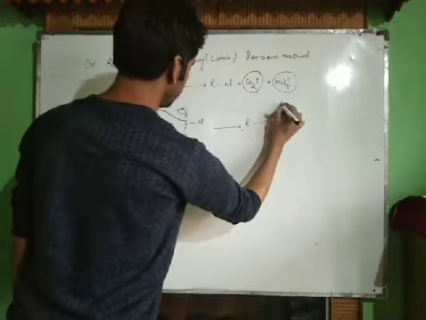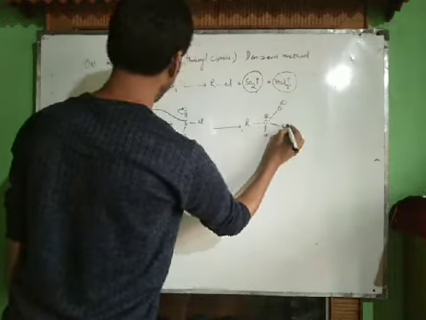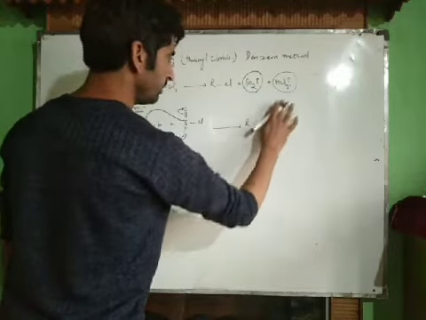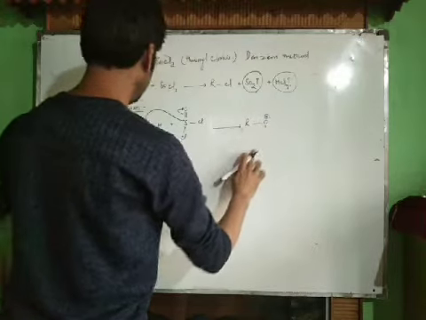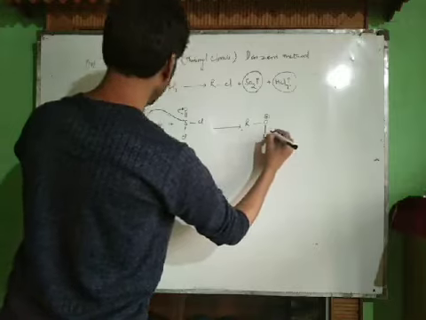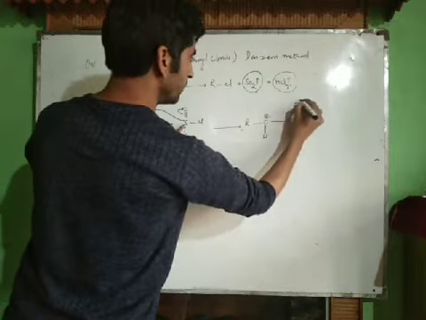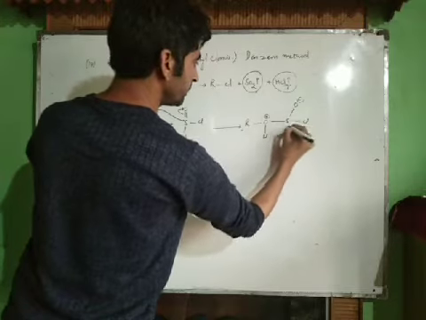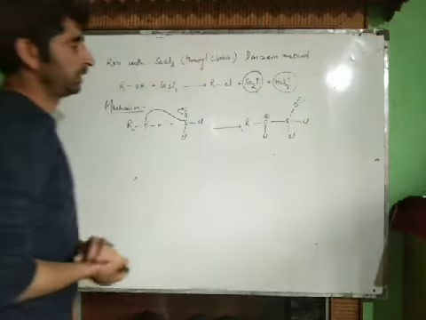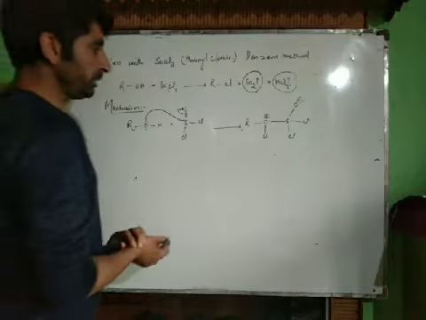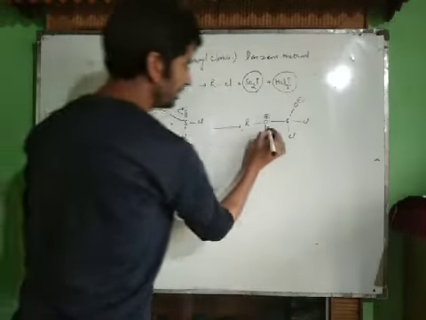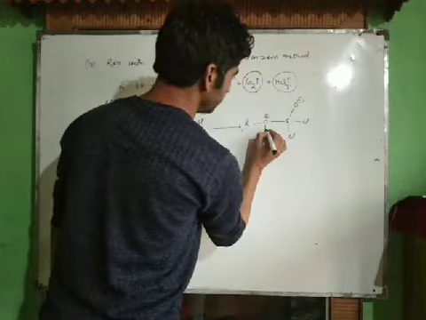Single bond O negative, single bond Cl. R, O, H: this oxygen attacks sulfur. This sulfur contains O negative and two Cl groups. Now this hydrogen leaves as an H positive ion.